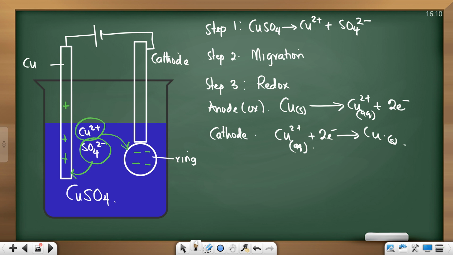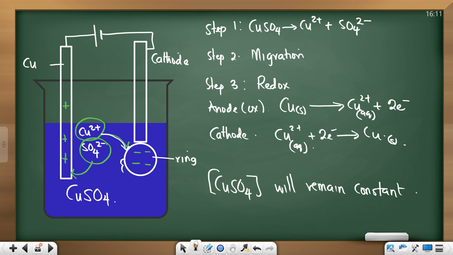And by the way, let me quickly answer something here. What happens to the concentration here? The copper sulfate concentration will remain constant. Why will it remain constant? Guys, we are losing this copper 2 plus here. It's forming solid.